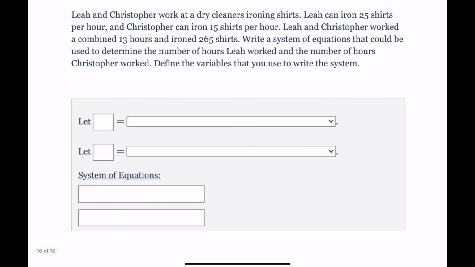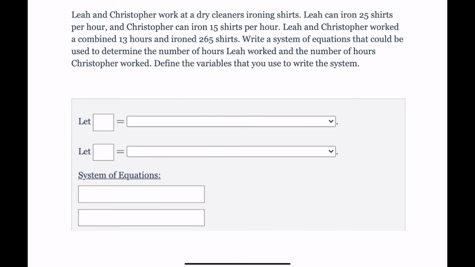Leah and Christopher work at a dry cleaner's ironing shirts. Leah can iron 25 shirts per hour, and Christopher can iron 15 shirts per hour. Leah and Christopher worked a combined 13 hours and ironed 265 shirts.